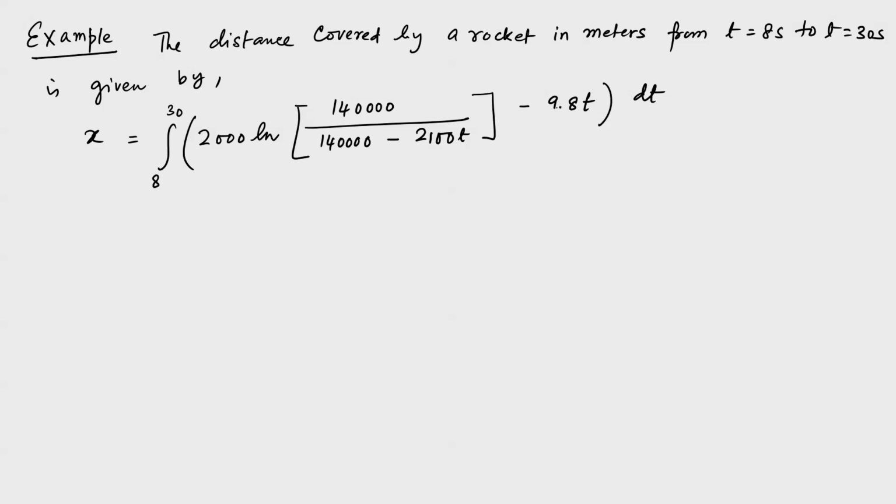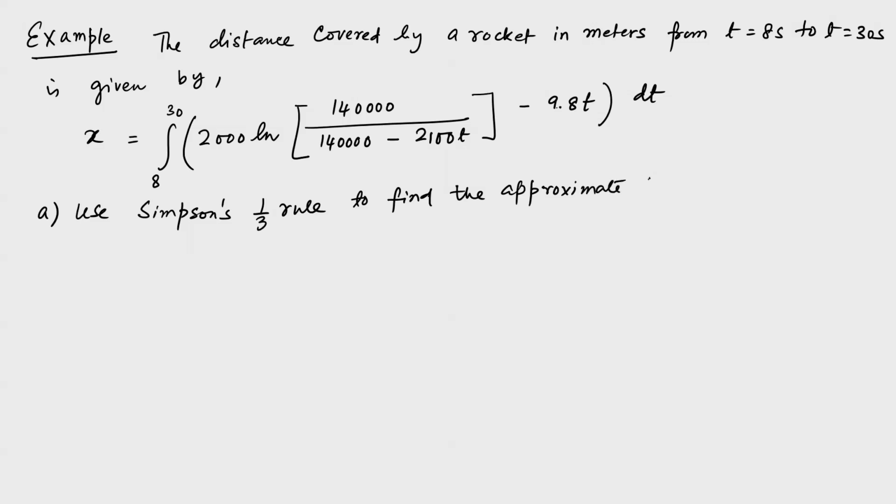In any case, say this is given, and now one has to evaluate the integral using Simpson's 1/3 rule. So, the questions are as follows: A, use Simpson's 1/3 rule to find the approximate value of x.